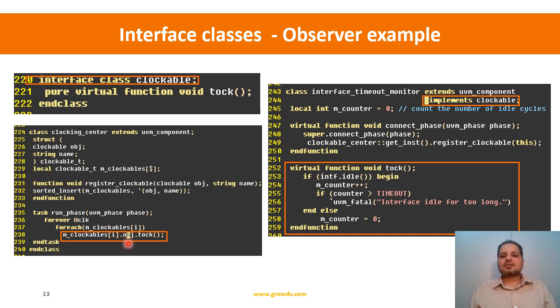When I access this particular object and call tock, it went to call the derived object's function. We don't have to do casting, although we created the base interface class handle in this struct, and I am registering the extended class handle.